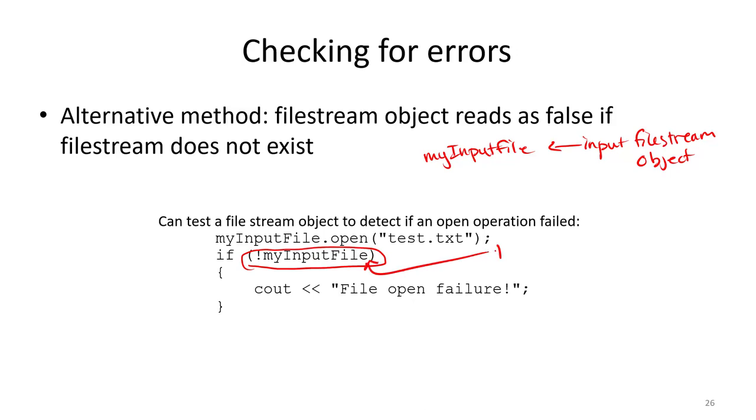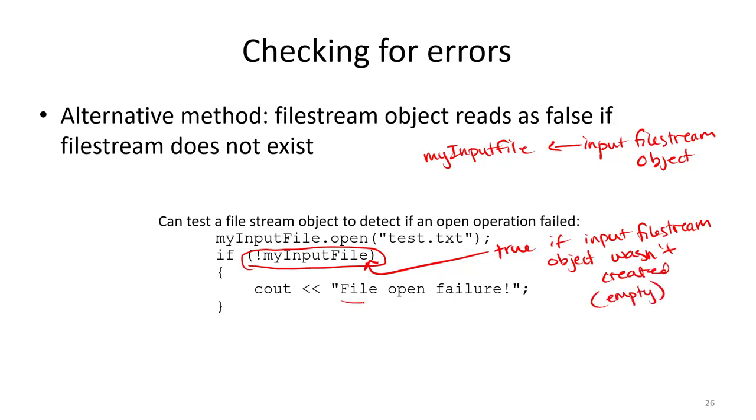This will be true if the input file stream object wasn't created, or if it's empty. And of course, that would happen if we had failed to open the file. So if we were unable to successfully create that file stream, not my input file would return true, and then we get the output message.